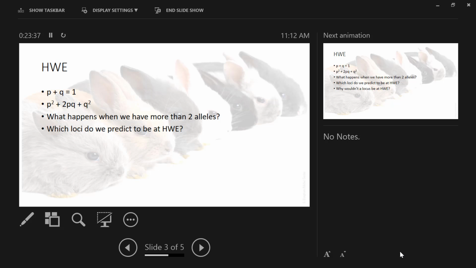So, yeah, if our population is infinitely large, if natural selection is not acting on the locus, if sexual selection is not acting on the locus, if there aren't mutations, like it's not a mutational hotspot, and we're not having individuals migrate into or out of the population in a significant number. And so of all of our different areas, single nucleotide polymorphisms, some of these will be at Hardy-Weinberg equilibrium as long as they aren't in a coding region.